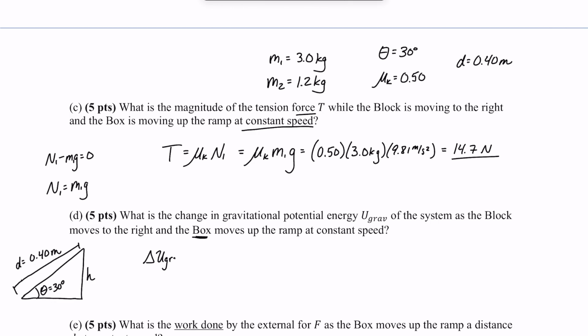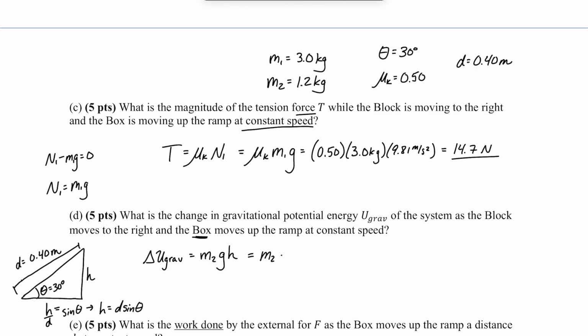and ultimately I'm going to want to know that h value because the change in gravitational potential energy is just going to be equal to m2 g h, because the box is the only one that moves actually above the ground. How much does it move above the ground? Well, based on this triangle, I can solve for h using sines and cosines. H is the opposite side, so I'll use sine, and that's going to be equal to d sine theta.